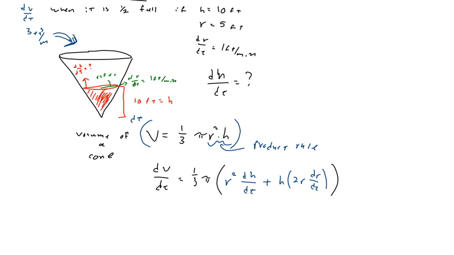Okay? So that is my little bit more complex derivative. Sometimes I have these two variables in a situation, and I have to do product rules because we're doing d/dt of this. We're doing a derivative with respect to time, so I need to do the product rule for both these variables.